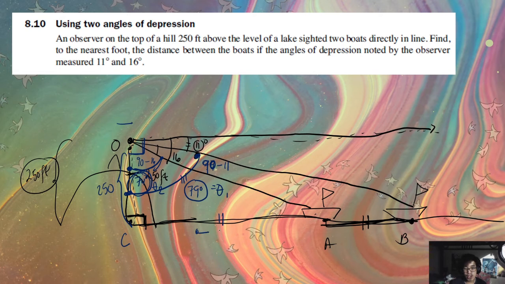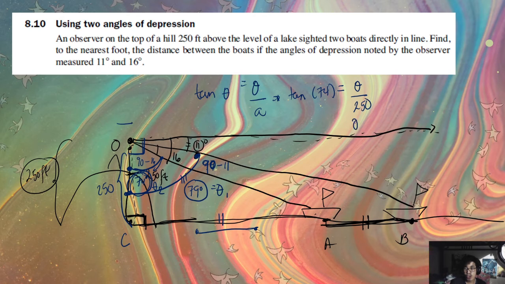To solve for CA, we're going to use the tangent trigonometric ratio. Why? Because we have an opposite side that's missing and an adjacent side that's given. So tangent of 74 is equal to the opposite side, which is missing, over the adjacent side, which is 250.